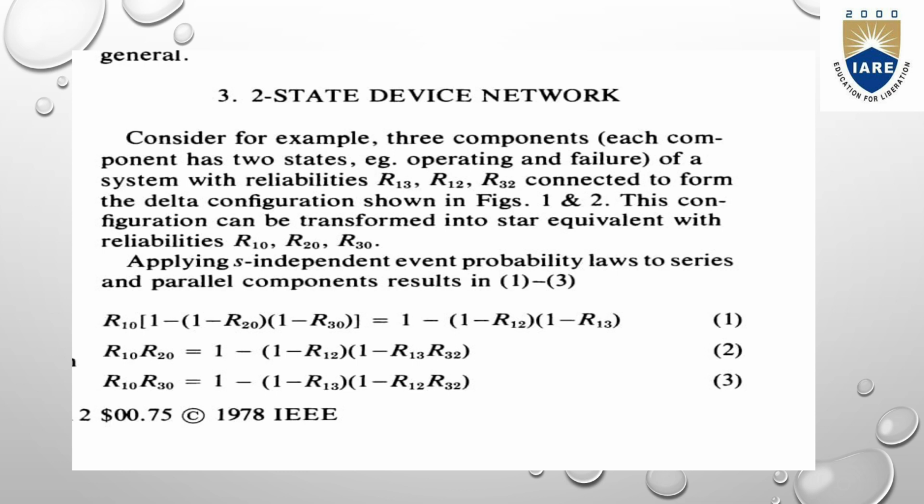This configuration can be transformed into star equivalent with reliabilities R10, R20 and R30. Applying statistical independence and the probability law to series and parallel components results in equations 1 to 3. So R10, R20 and R30 formulas are derived in this slide.